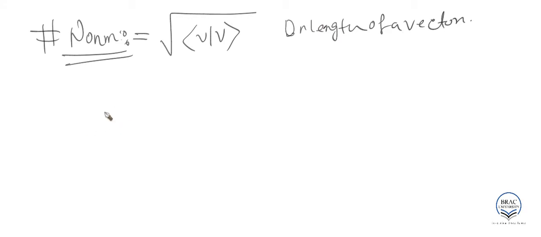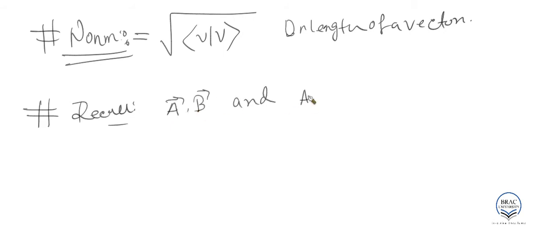And with the help of the inner product, we can also define whether two vectors are orthogonal or perpendicular to each other. Recall, if I had two vectors a, b, and if a dot b was 0, we could say a and b were perpendicular, right?